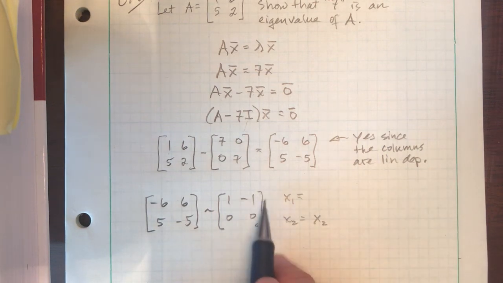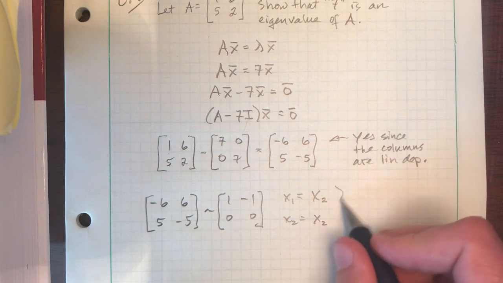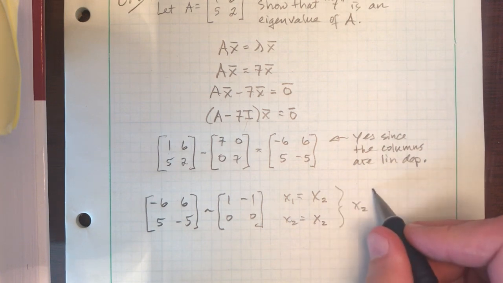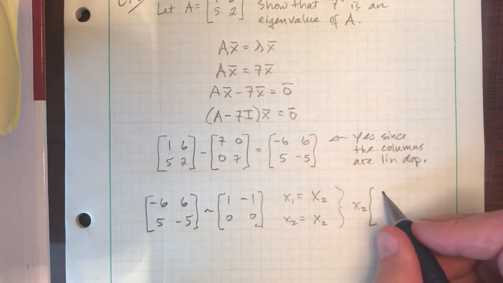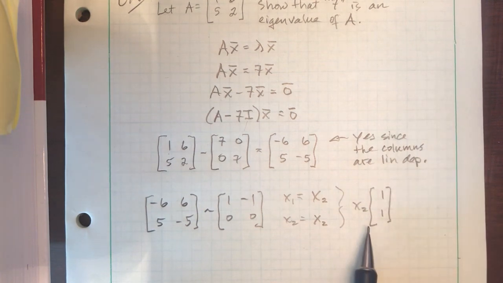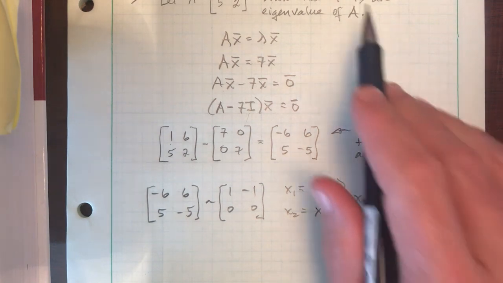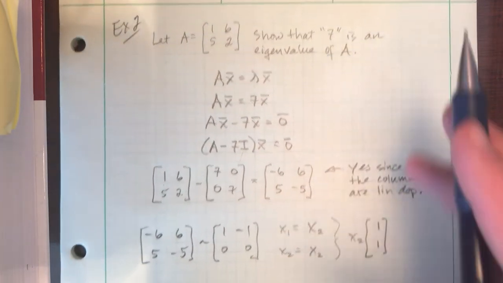My first one would be positive one of those. So if we unscale x2 from that solution, we're left with the vector 1, 1. Now, there we go. We can say that 1, 1 is the eigenvector corresponding to the eigenvalue of 7.